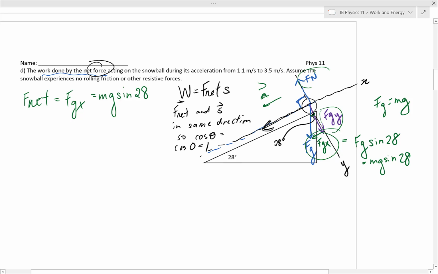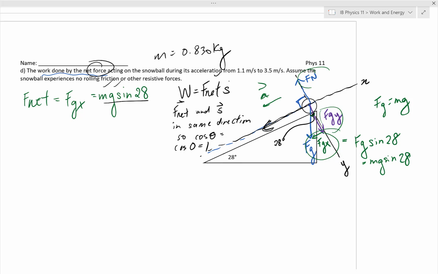The angle would just be 0 between F net and S, displacement, so cosine 0 is just 1. We don't need to care about it. If we want the work done, we need the F net. F net is just mg sine 28. We have gravity, and the mass is given in the previous part of the question, which is 0.830 kilograms. So if we have F net, we just need the displacement, okay?